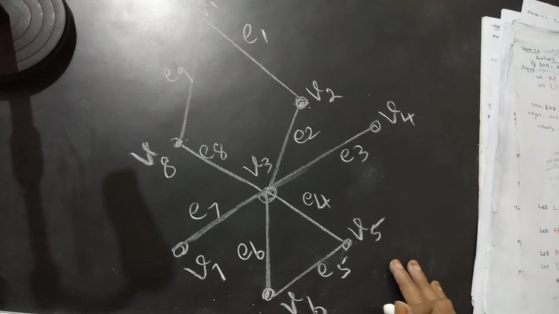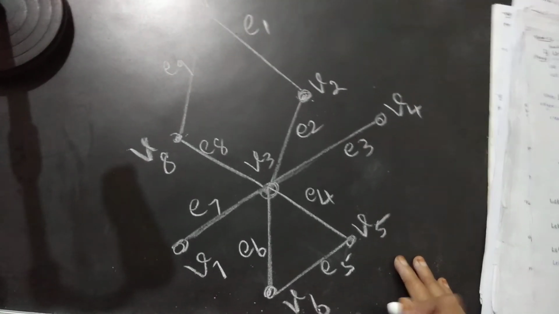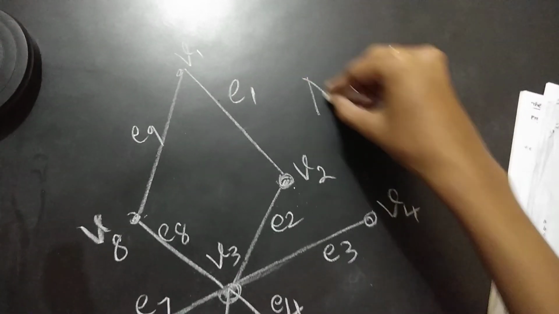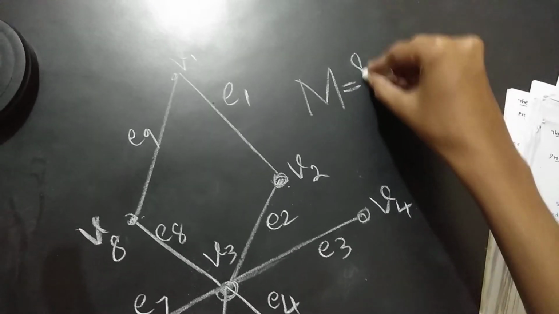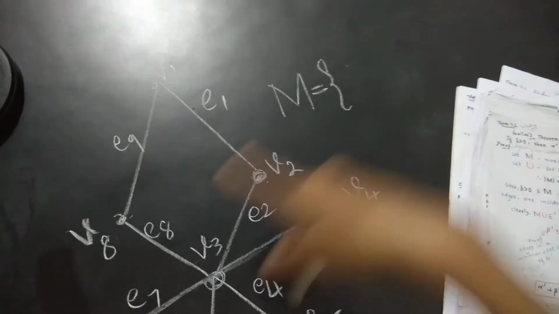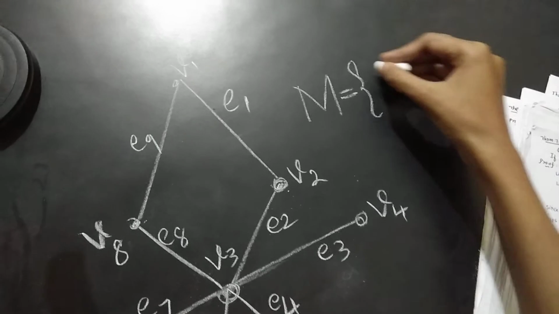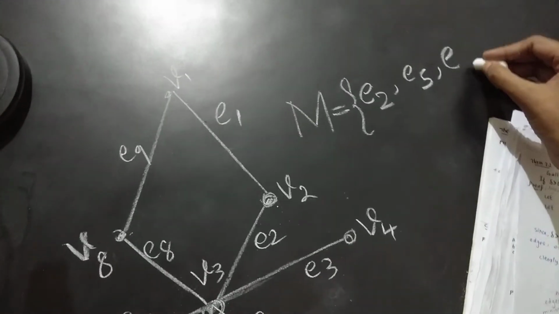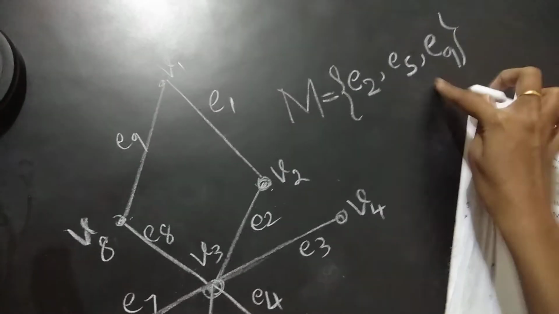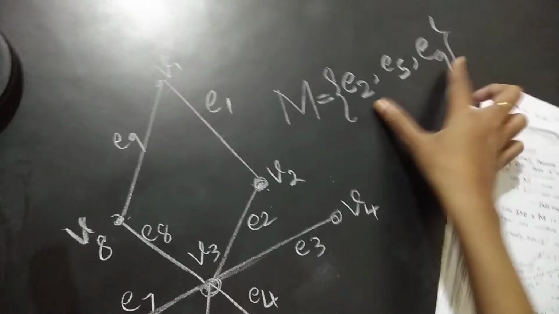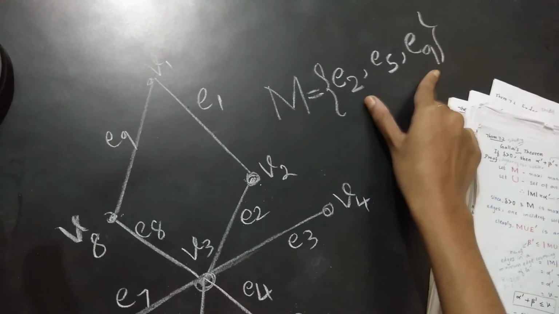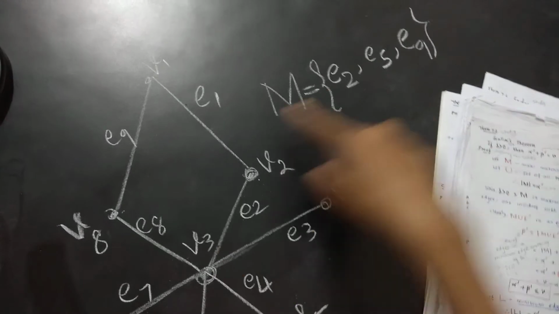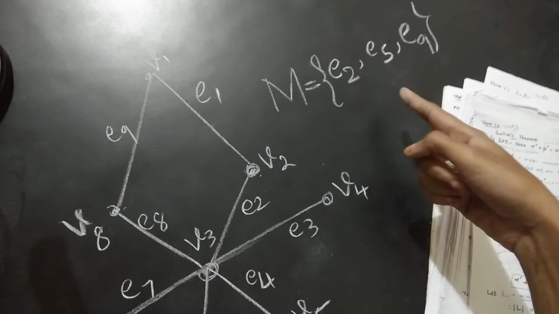So from this I am going to write the maximum matching. In this proof you will denote maximum matching as M. I am also denoting it like that. I will write the maximum matching from this graph: E2, E5, E9. I have written some of the edges here, and I am saying this is the maximum matching of this graph G. Here you know what a maximum matching is.